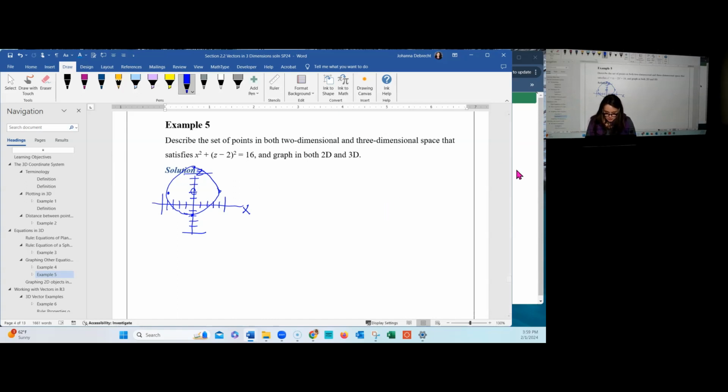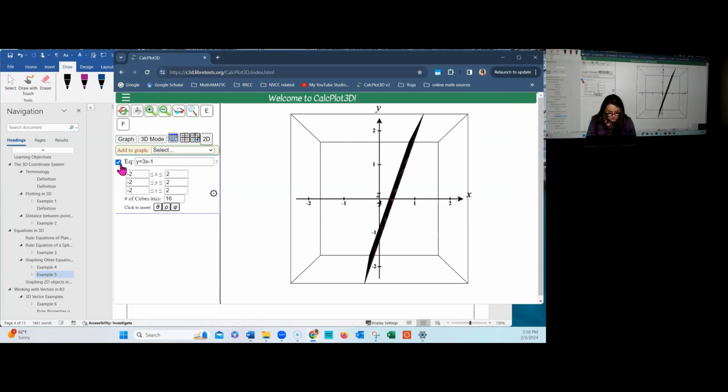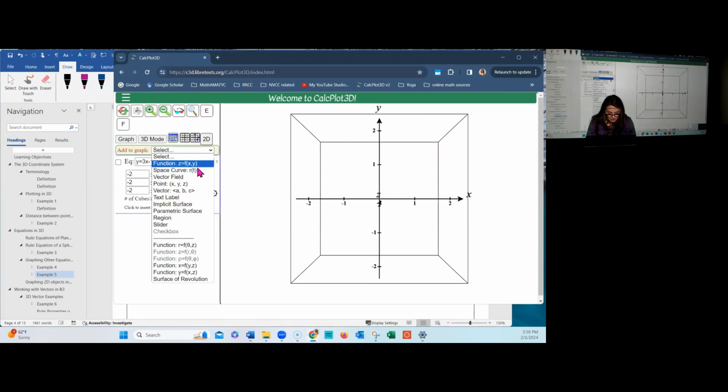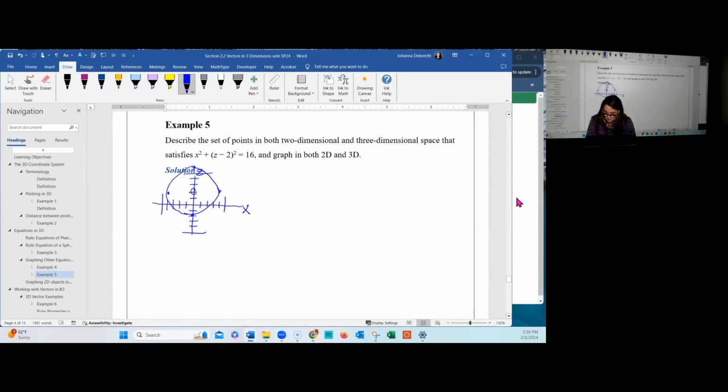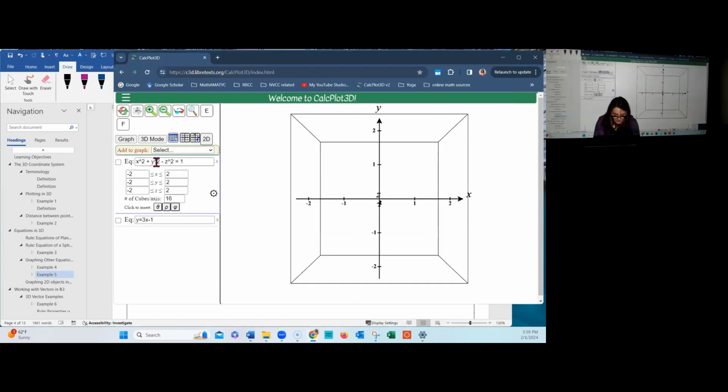So let's take a look at what this one looks like in 3-dimensional space. Coming over here, I can leave that on, but I can just turn it off. And now I'm going to do an implicit surface again. And I want, what do I want? x squared plus z minus 2 squared equals 16. So I have x squared.